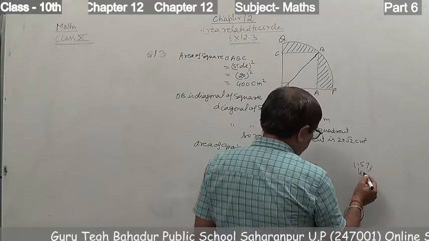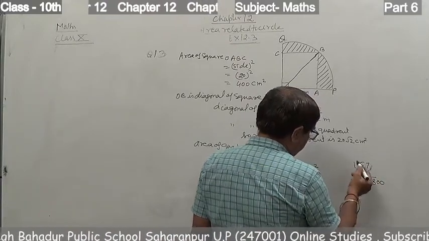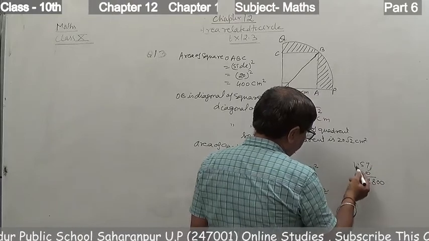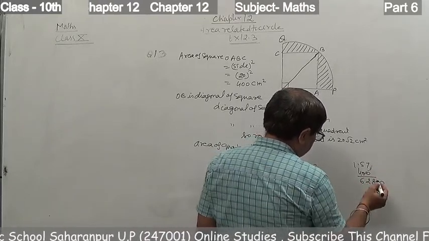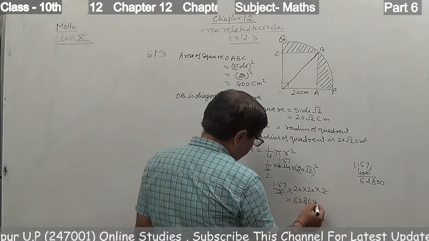This is 400, 4 7's 28, 4 5's 20 and 2 is 22, 4 1's 4 and 2 is 6. 628 centimeter square.